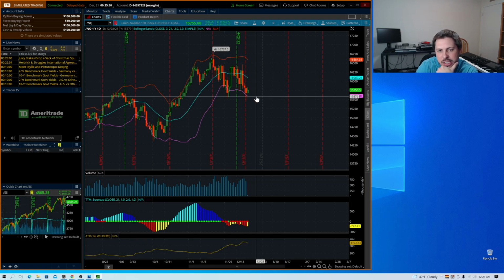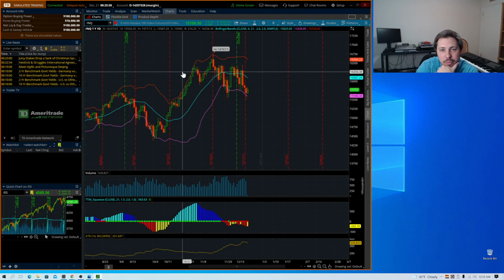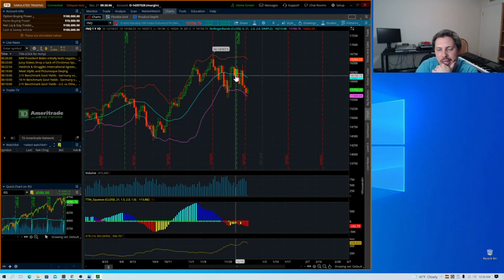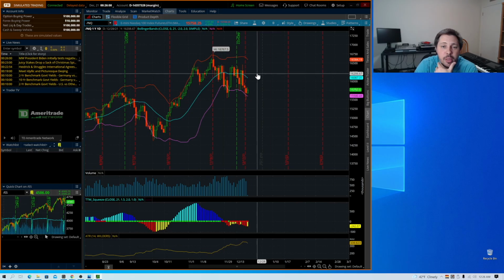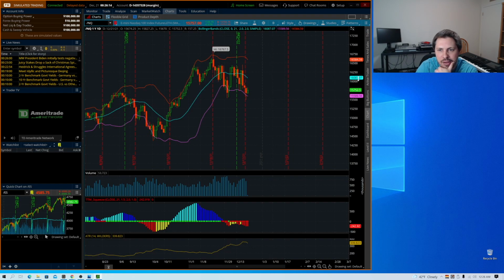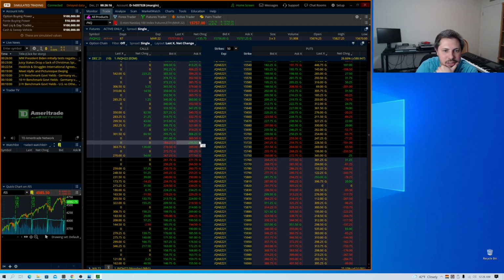Because if it can make a move back up here, which it might, but we still have this pretty strong head and shoulders pattern with this volatility squeezing to the downside, it could be a profitable trade. So let's look at this. We would want to put this above 16087.